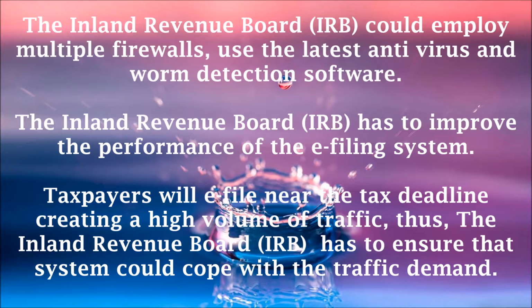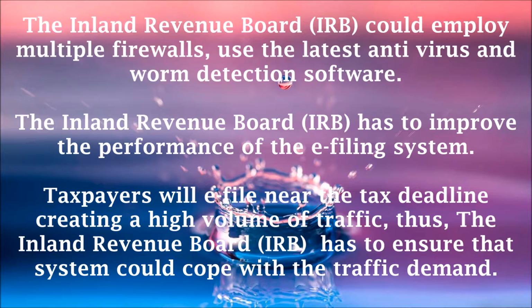So the second one is IRB has to improve the performance of the e-filing system. Okay, as we acknowledge, the performance of the system has the strongest positive relationship with user satisfaction, because if the system is ineffective, then it will become a burden to the taxpayer to use it. So basically, there are two crucial electronic quality dimensions which influence the user satisfaction.